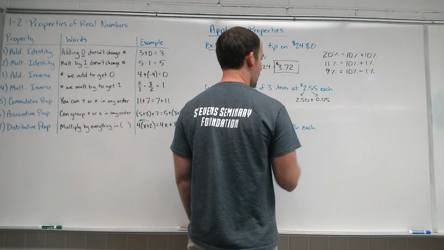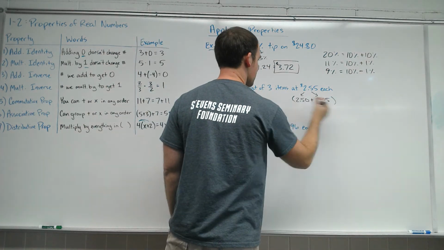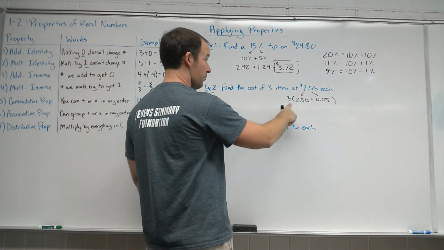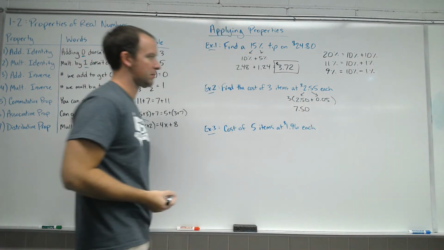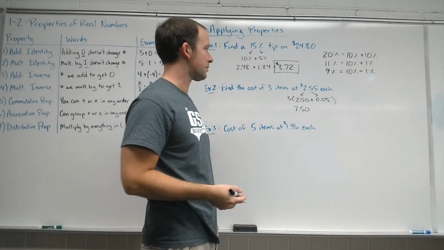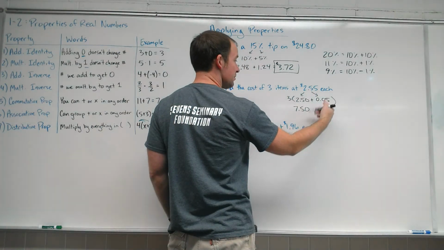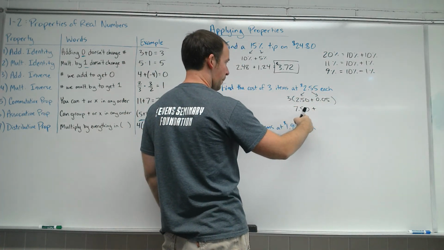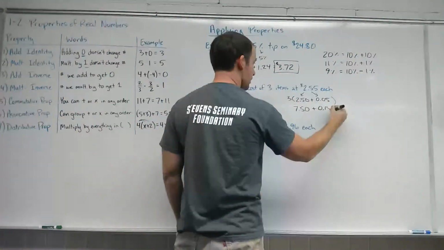So that's $2.55. If I buy 3 things that cost $2.50, that's $7.50, because if I were rounding, my estimate would be $7.50. But it's not hard to add on those extra 5 cents. So this is $2.50 times 3, and then that extra 5 cents times 3 is 15 cents.